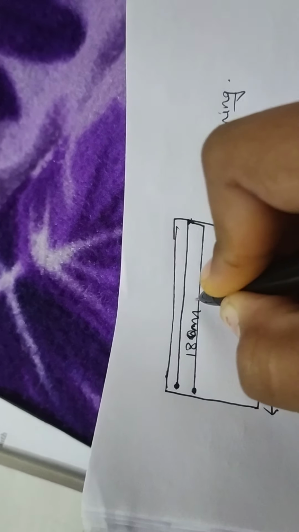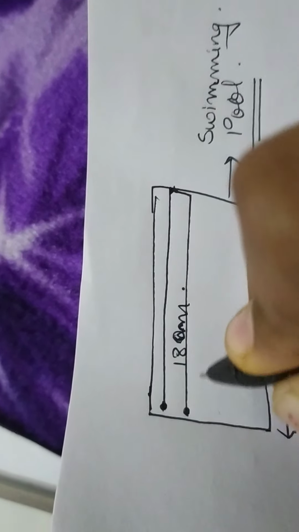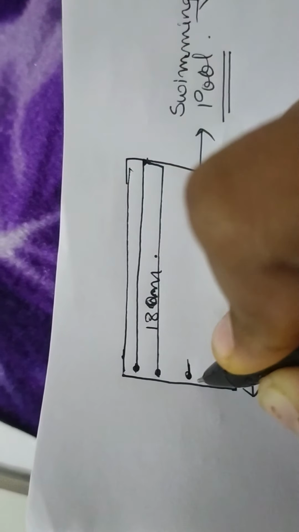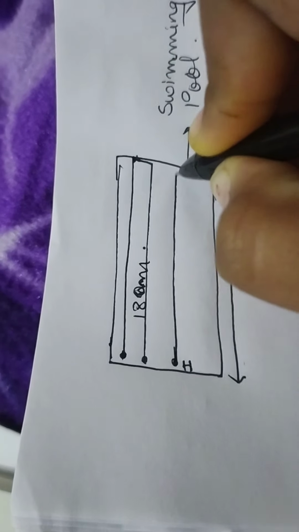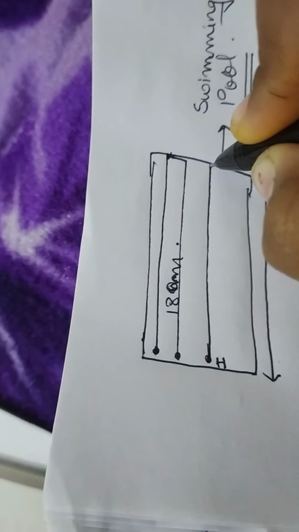But it doesn't happen in displacement, because Usha starts from here, this is the initial point, she swims to here and comes again to its initial point. She covers 90 meter here and 90 meter here.